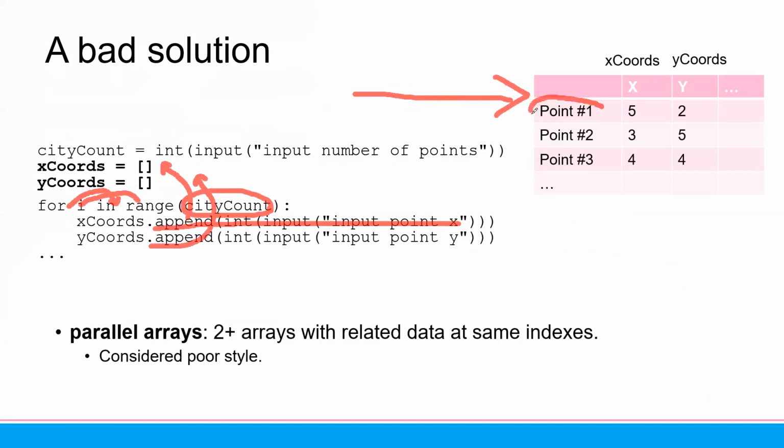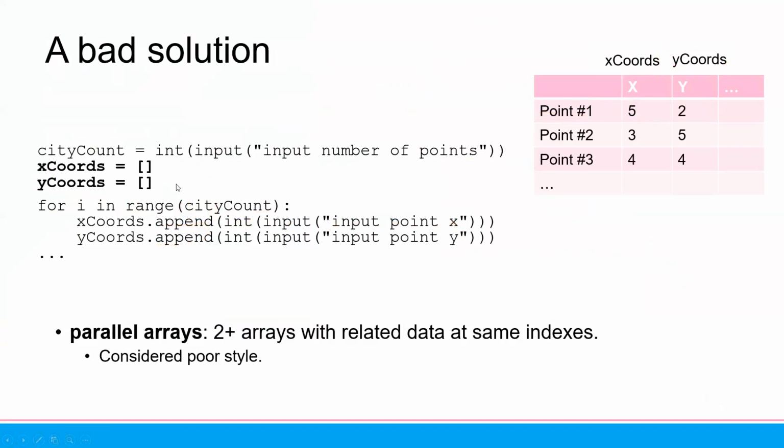So in point number 1, I have the X coordinate, and in point number 1, I have the Y coordinate. So I have point number 1 with X equals 5 and Y equals 2. If I use this kind of list, is it a good solution? Actually, yes, it is possible.